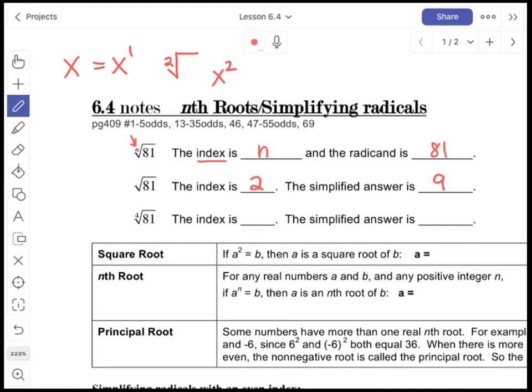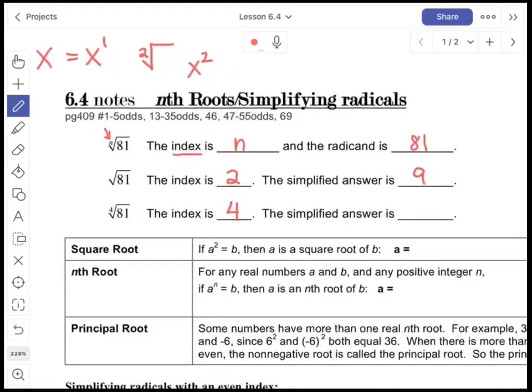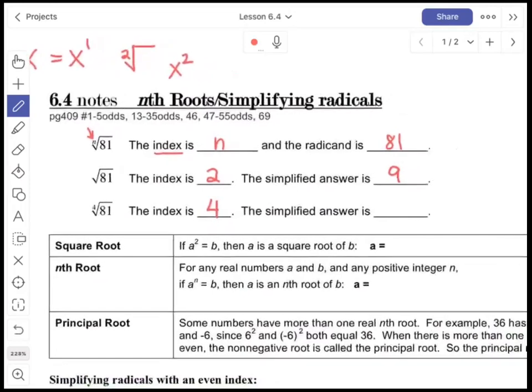Okay, this one's a little bit tougher. The fourth root of 81. The fourth root, the index is, I think you guys know, 4. What would the simplified answer be in this case? This one's tougher. I got 2 right answers already. Good job.